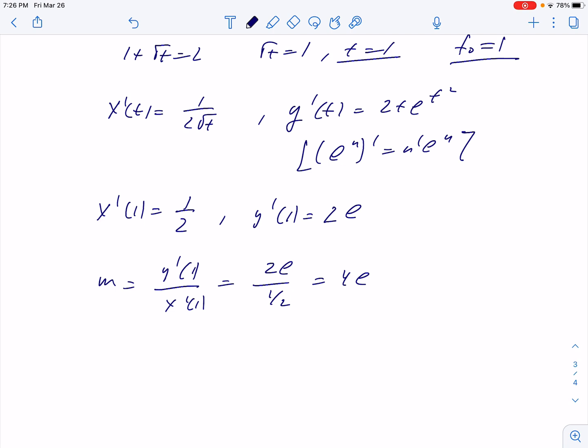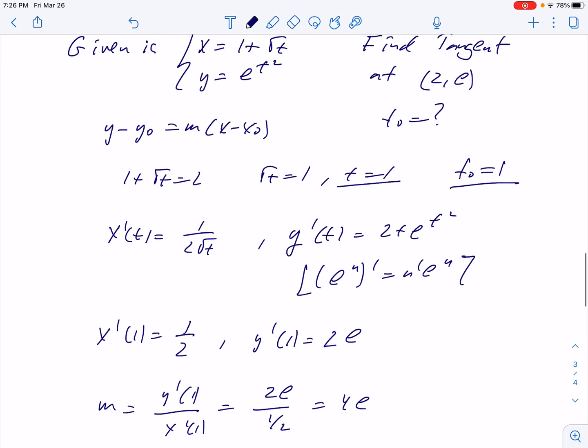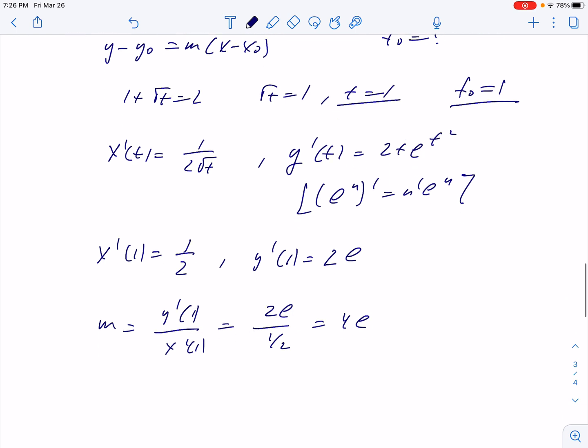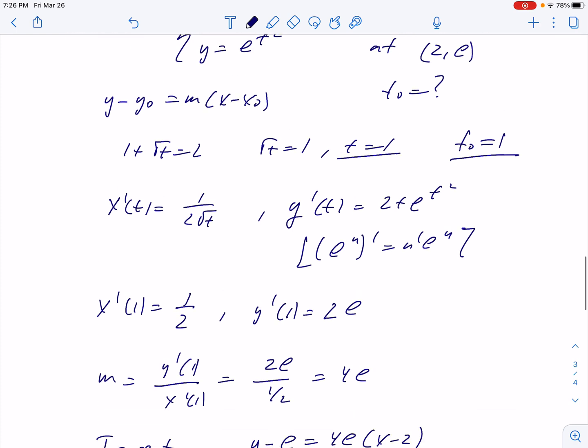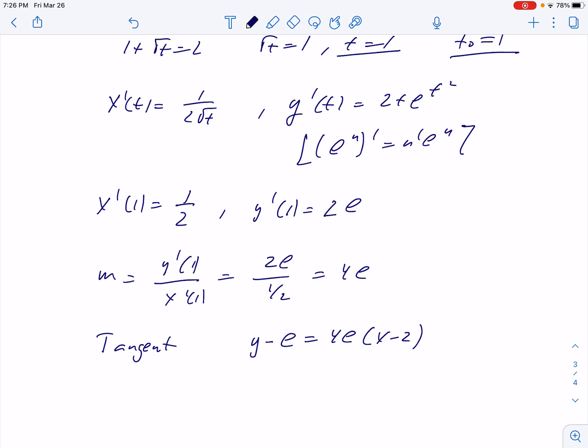The equation of the tangent line: we know x0, y0, so the tangent line will be y minus e equals this slope, 4e, times x minus 2. x0 was 2. And this is it.